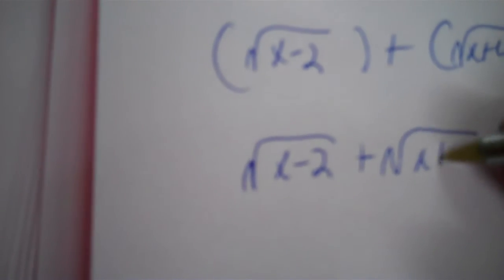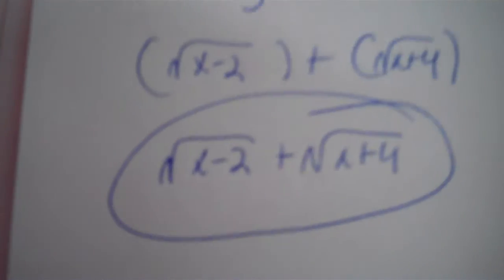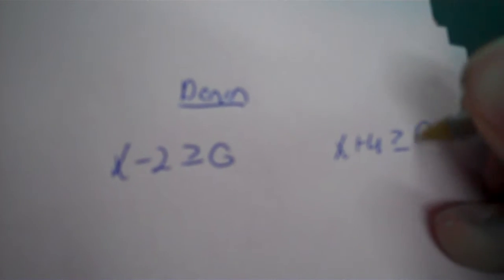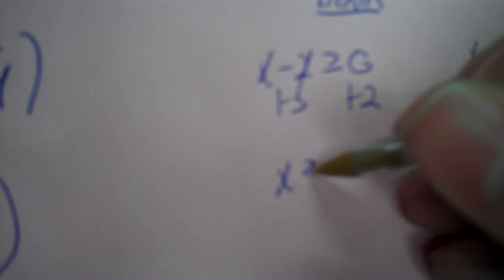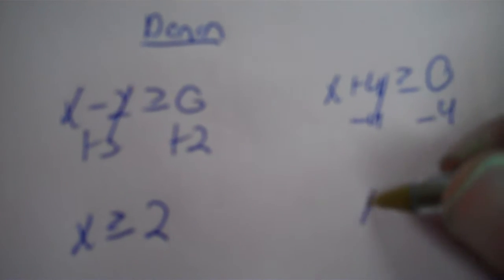But the domain's a little bit different, okay? So do you have x under a square root? Absolutely, you actually have it under 2 square roots, so you need to go x minus 2 greater than or equal to 0, x plus 4 greater than or equal to 0. So x greater than or equal to 2, and x greater than or equal to negative 4.